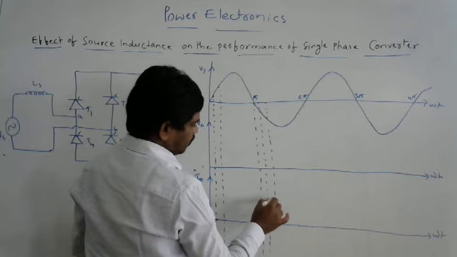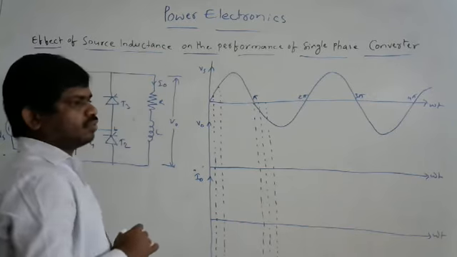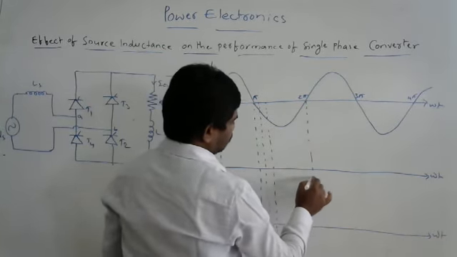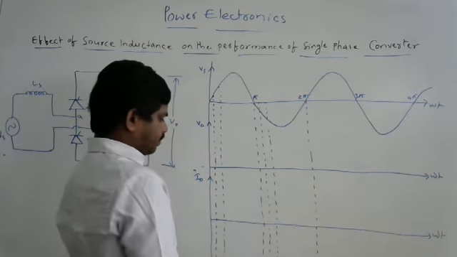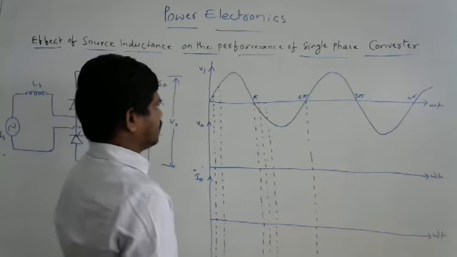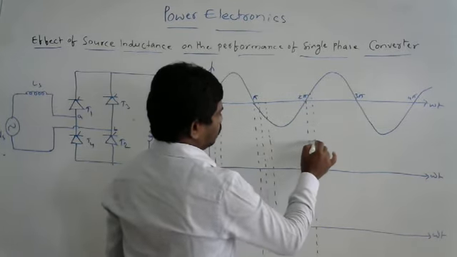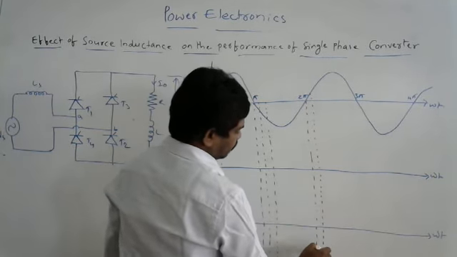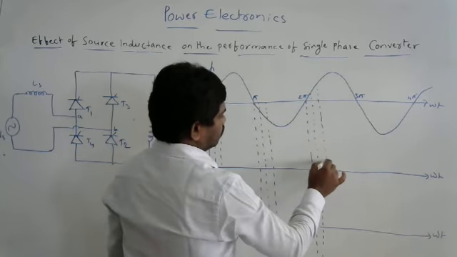The overlap angle plays a vital role in this operation because of the presence of source inductance. Then draw the lines like this. You can draw the waveforms perfectly when you have practice. It is a must that you practice drawing the waveforms. This is the overlap angle again.